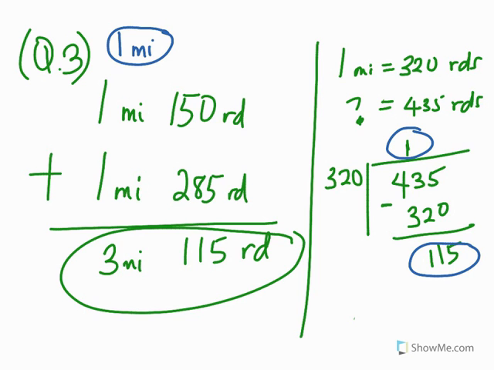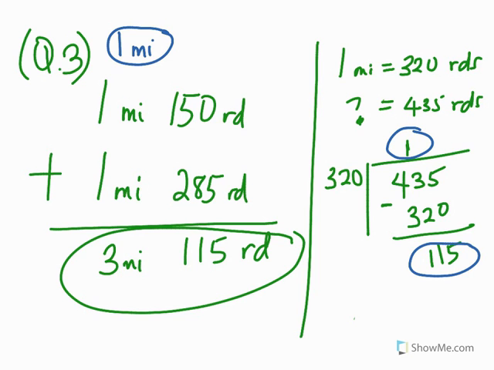If you finish this division process, it will give you a decimal, 1 point something, and then you pick the integer part as 1 mile, then the decimal part, which is still in miles, you convert back to rods. And how do you convert it back to rods? By multiplying by 320.